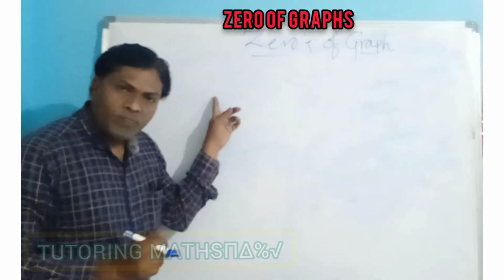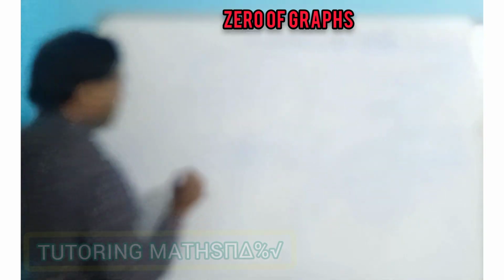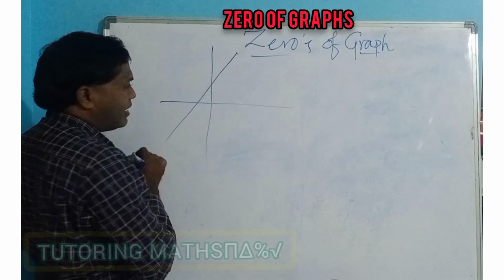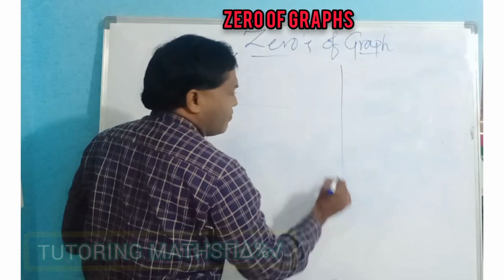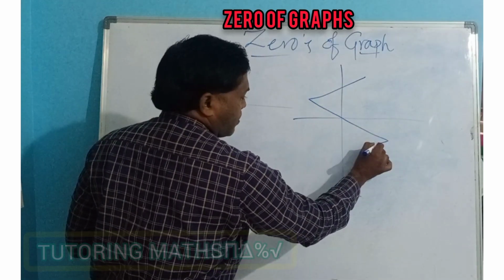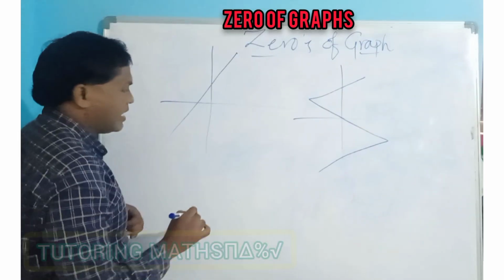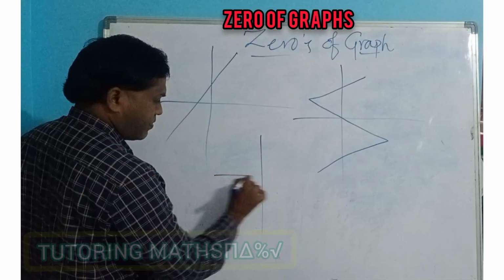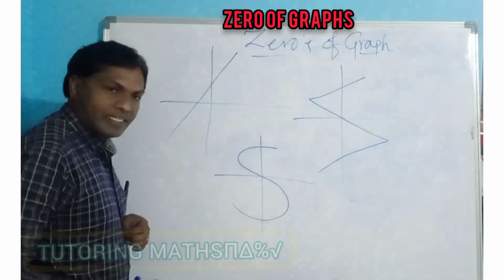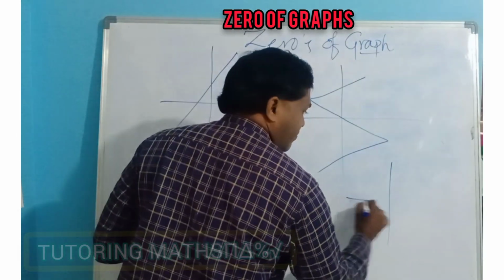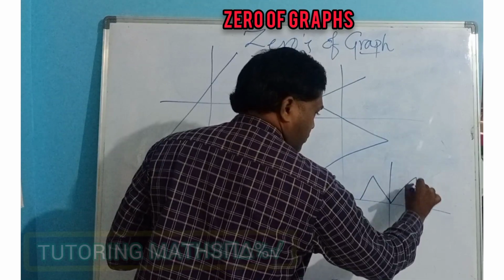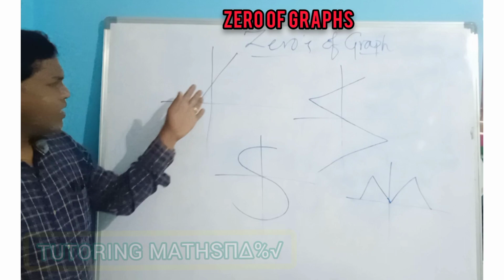Yes. Now let me draw a graph. Now this is a graph. We have one like this, and one more graph like this, and one more graph like this, and one more graph here.